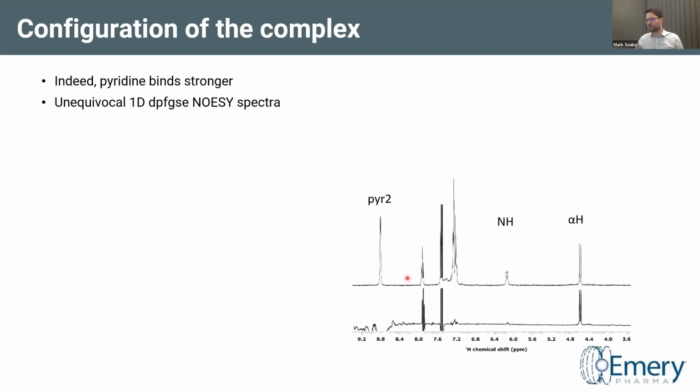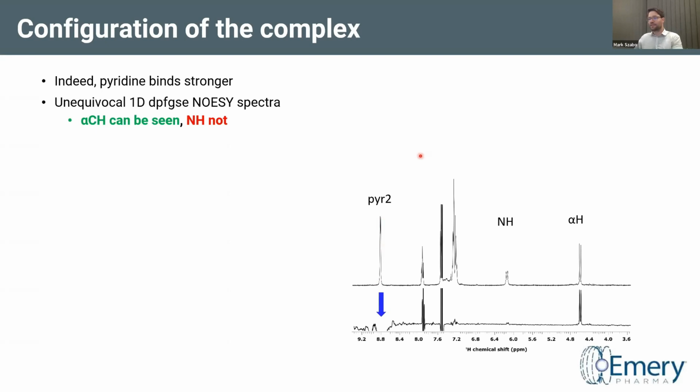Here is the proton spectrum of the molecule. Again, you can see the alpha proton and the NH. And since I doped it with pyridine, here you can see the ortho proton of pyridine. And what I did is I measured a one-dimensional NOESY spectrum, meaning that I selectively excited this peak, the pyridine ortho proton.